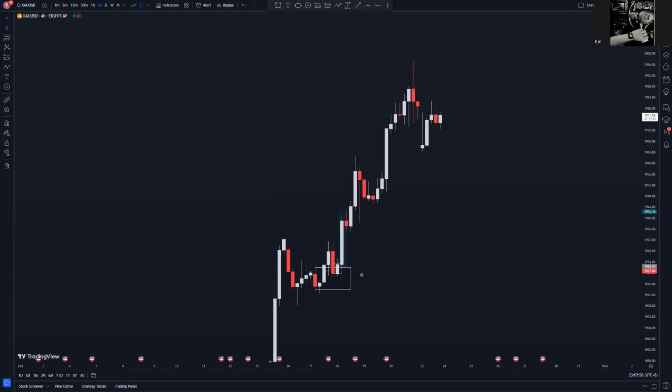Okay, how about prop firm small accounts? I always suggest my students take a prop firm account of minimum 50K. If you don't have money to spend on a 50K account, don't worry.